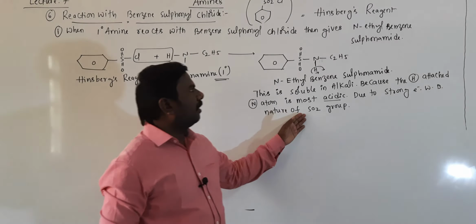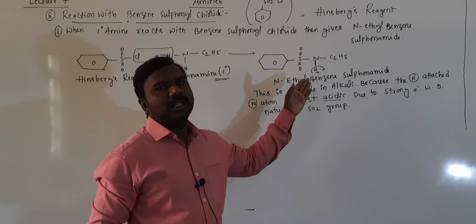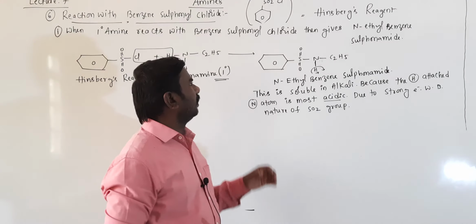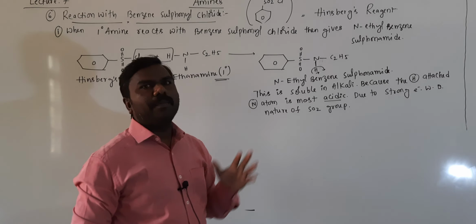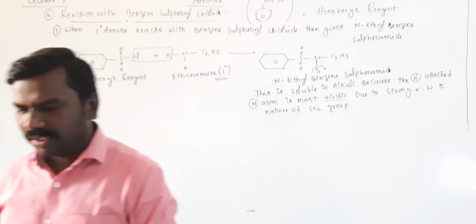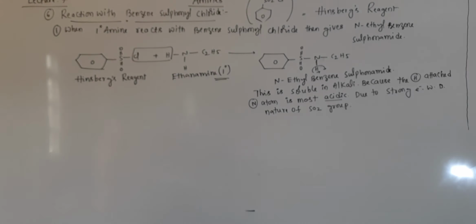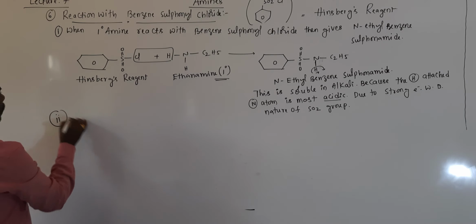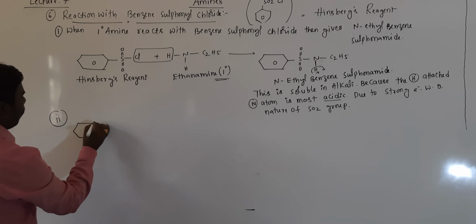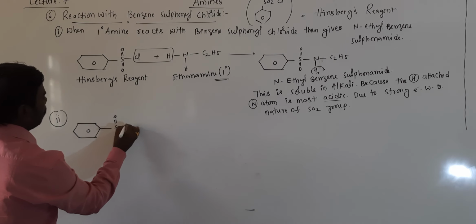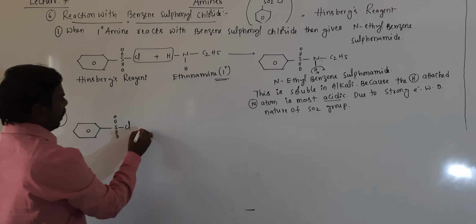The solubility of the sulfonamide formed in alkali indicates the presence of primary amine in our given sample. Right, students?